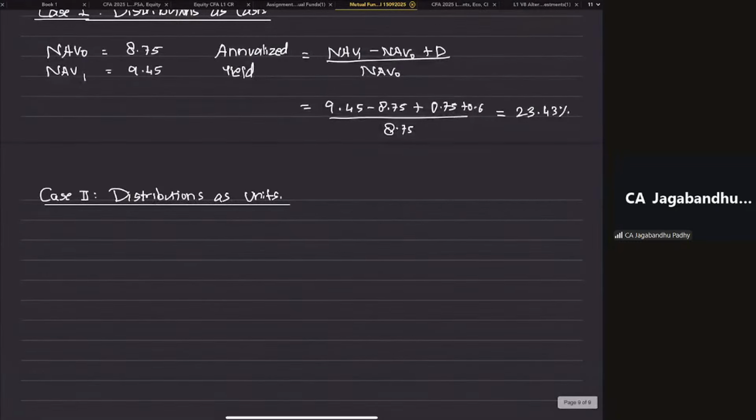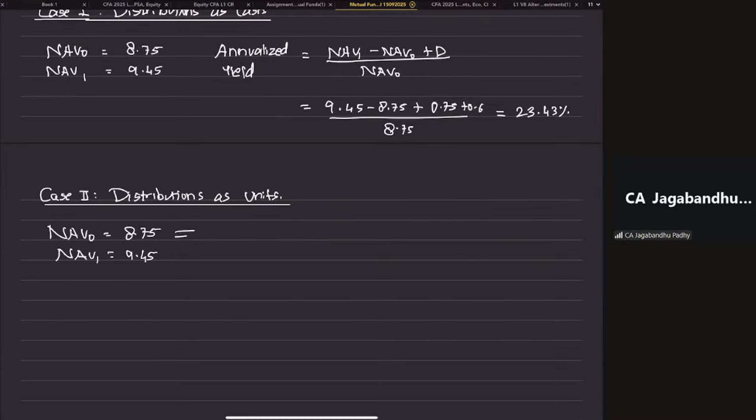this is going to be: NAV at the end is of course 9.45, NAV at the start is 8.75. But when we have distributions as a number of units, I can't be comparing the NAVs. I need to compare the total amount of investment. So NAV at the start was 8.75.